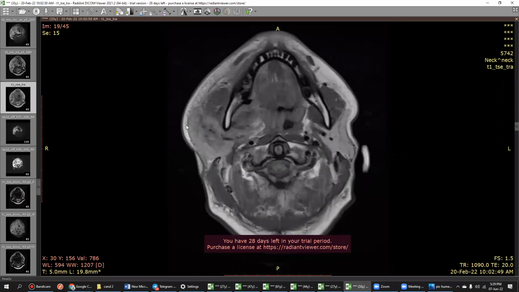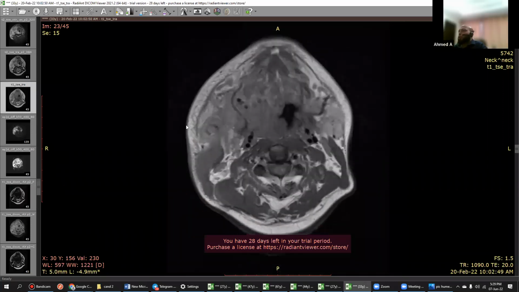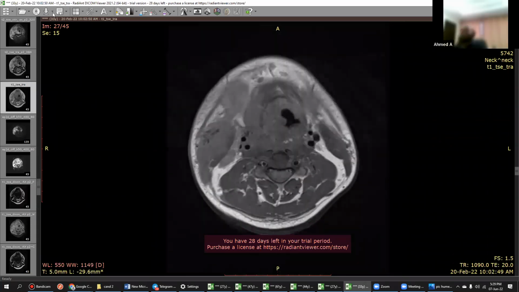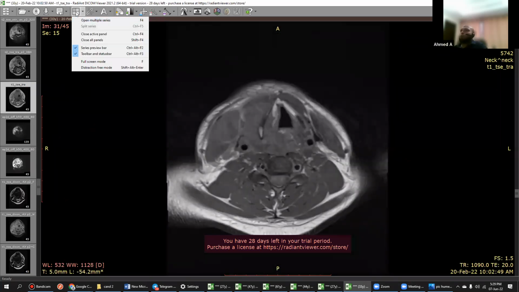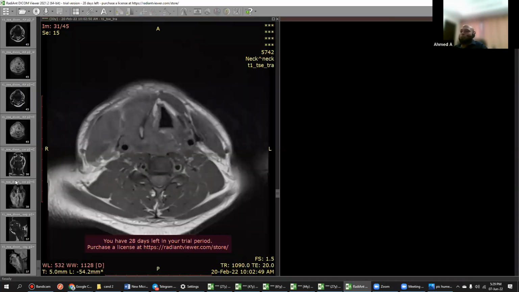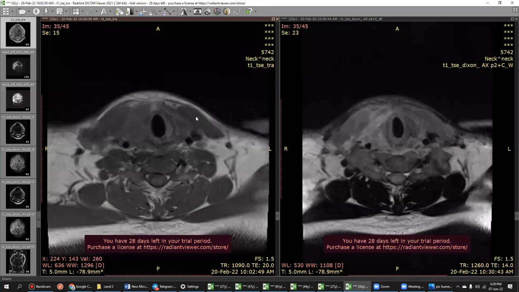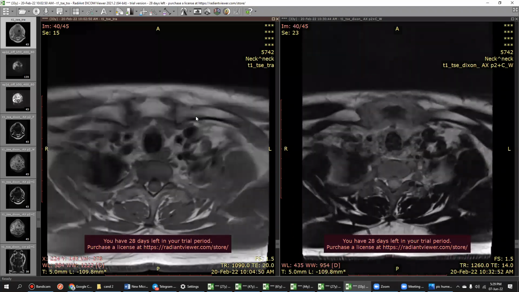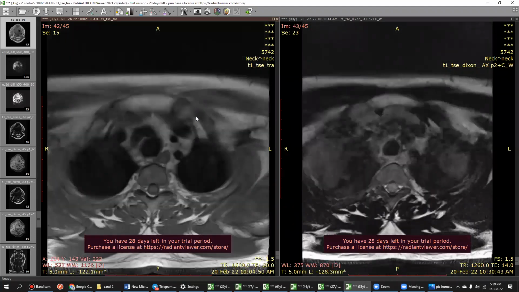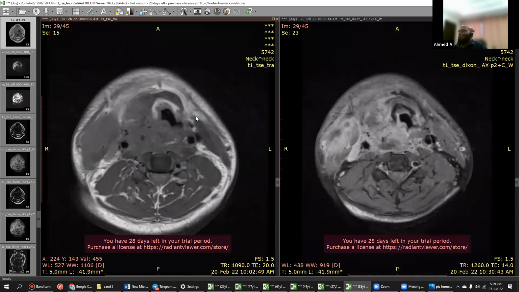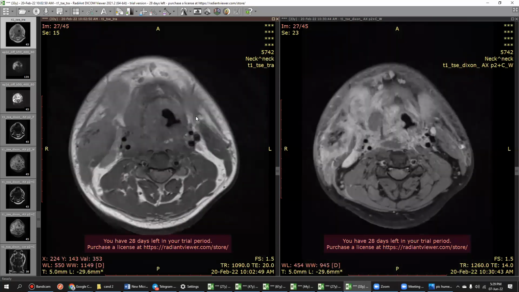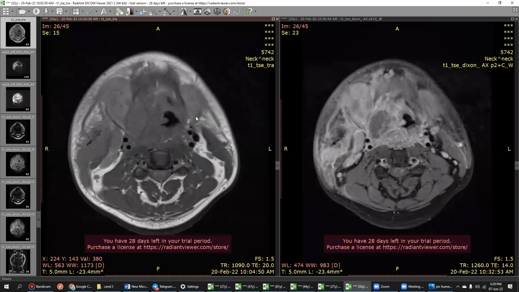This is plain and this is contrast. You can scroll. There is a heterogeneous enhancement.